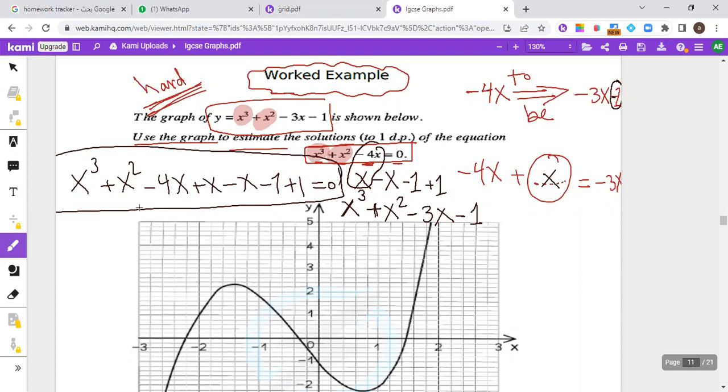Okay? Here x cubed, here x squared, here negative 4x plus x, negative 3x, here negative x, put it here on the other side in positive, negative 1 here, and positive 1, put it here, negative 1.